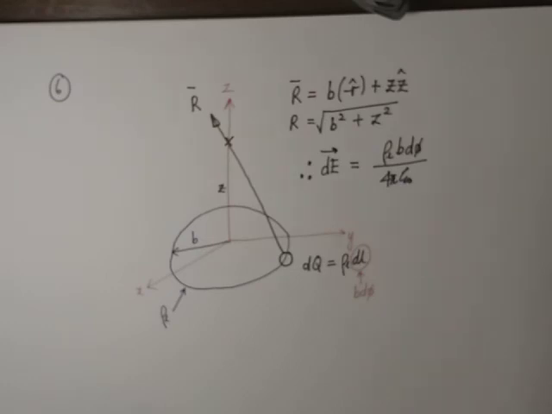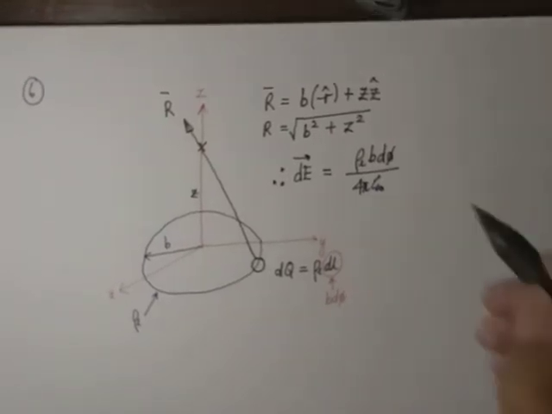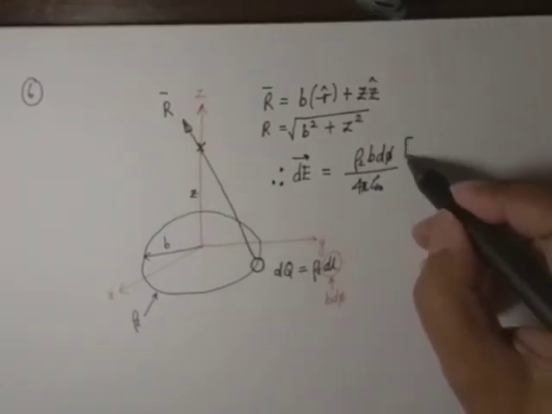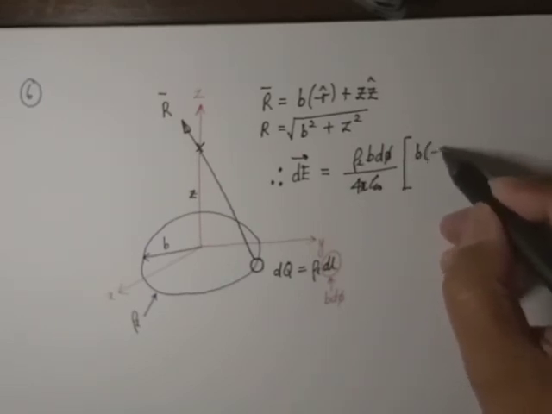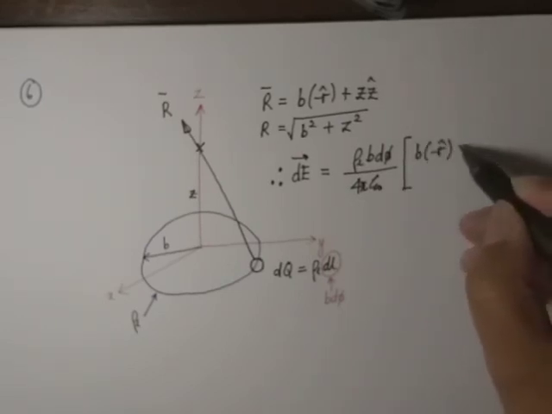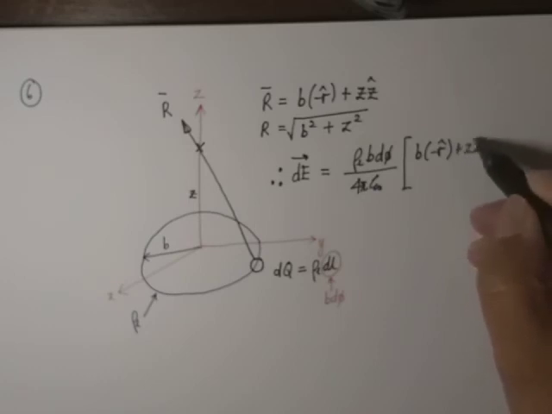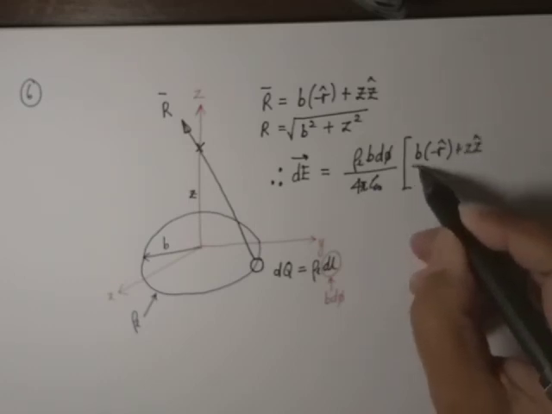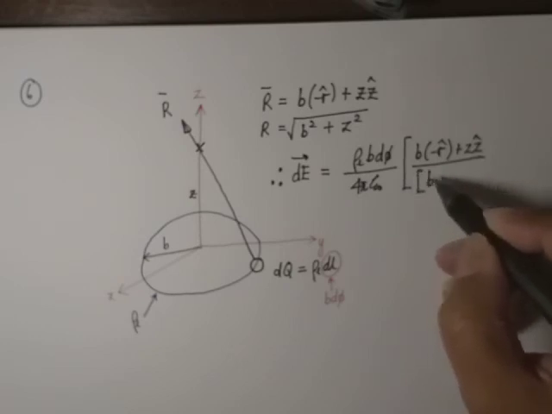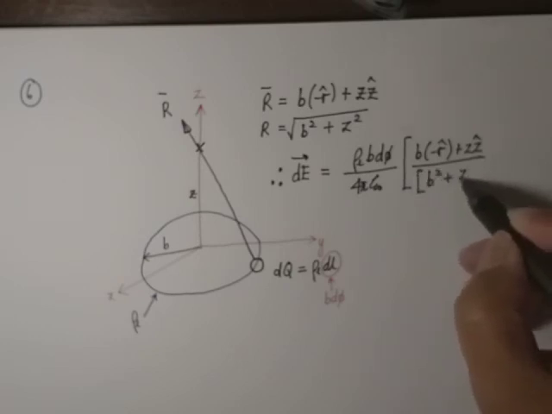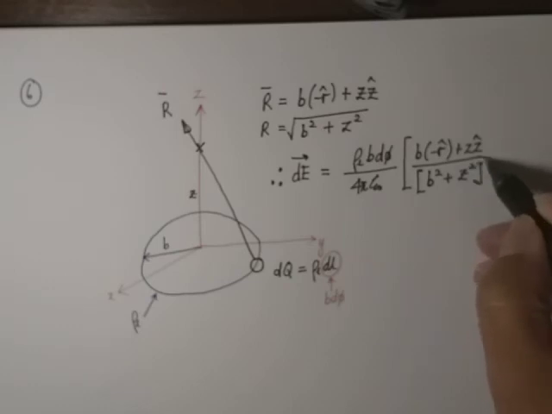Then I'm going to add the direction now. So the direction should be first the vector b minus r plus z, divided by the magnitude, so therefore it should be equal to b squared plus z squared to the power of 3 over 2.